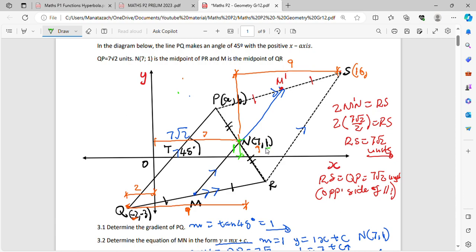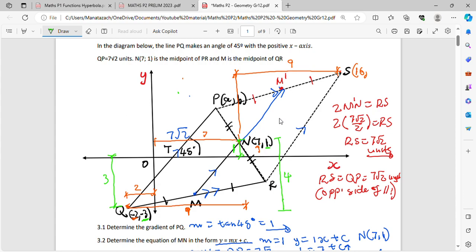Since I'm using the y coordinate for N. And the distance for Q to the x-axis is 3, since I'm using the y coordinate for Q, which means the distance between N and Q, the vertical distance, would be 4, right?